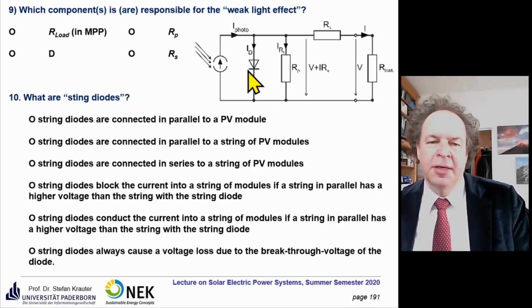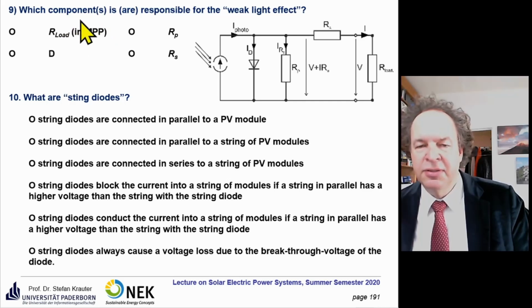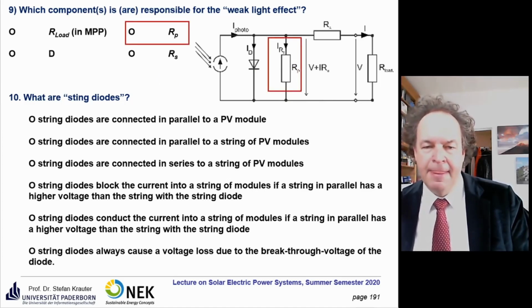Also, the load doesn't have an effect on the weak light effect, so it has to be adapted to stay in the maximum power point. But if it's well adapted, it doesn't have a negative effect on the weak light performance. Also, the diode should be an ideal diode. The non-ideality is represented by that resistor, and that is responsible for this. So we just have to mark that one.